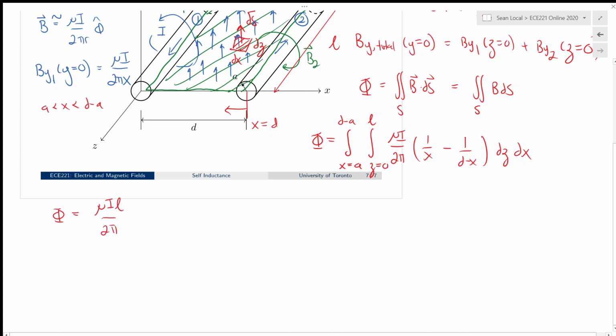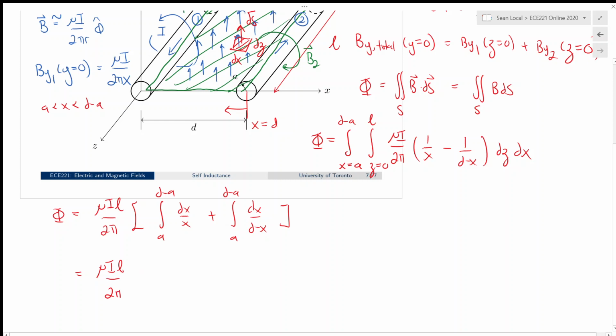And now we have to integrate two separate functions. We can integrate from x equals a to d minus a dx over x. And then the second integral is over the same limits, but it's dx over d minus x. Both of these integrals are easy to handle, so let's go ahead and evaluate those.